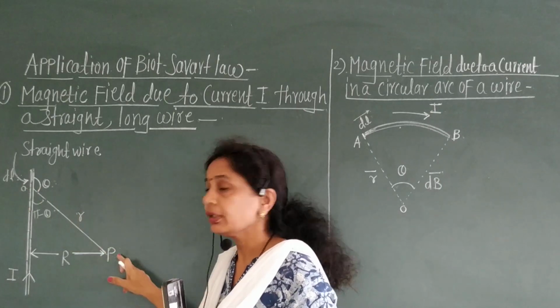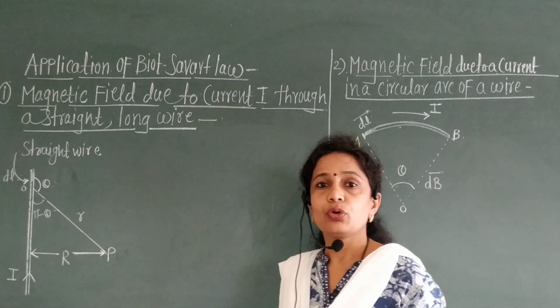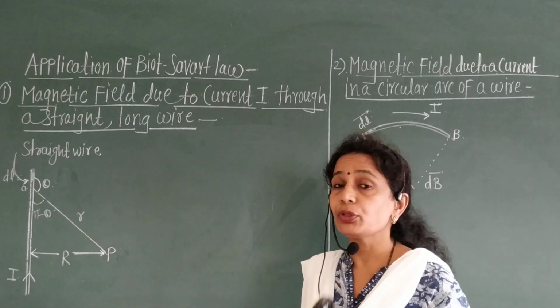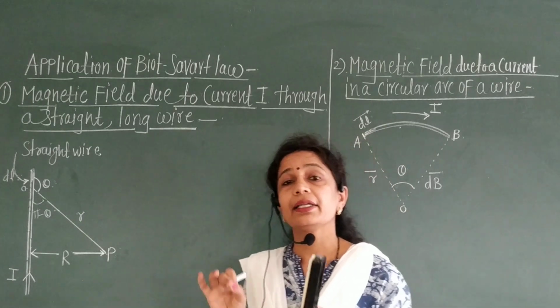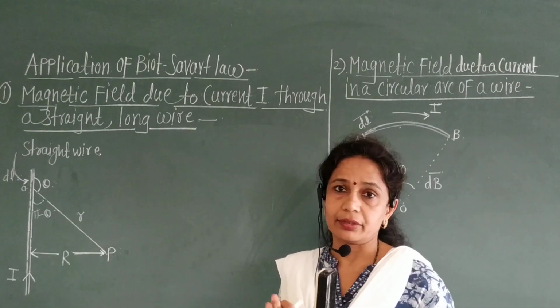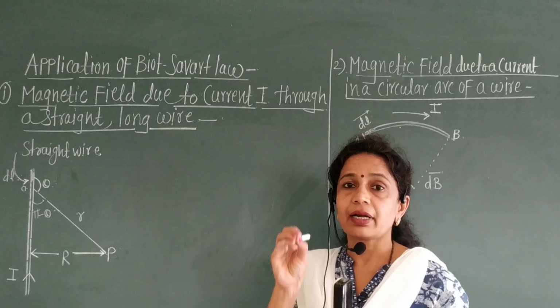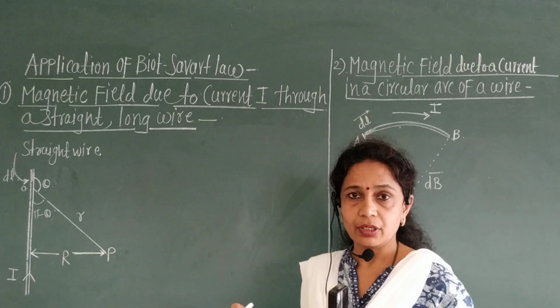This is point O, this is point P. Then you know, the right hand thumb rule gives the direction of the magnetic field due to the current carrying wire. Already you have studied this right hand thumb rule.